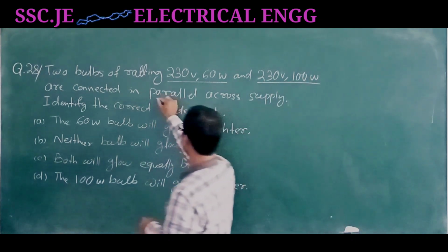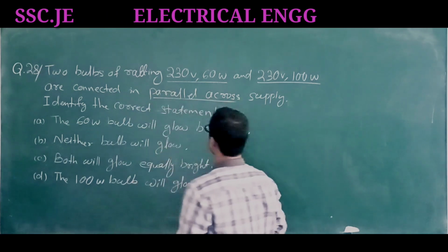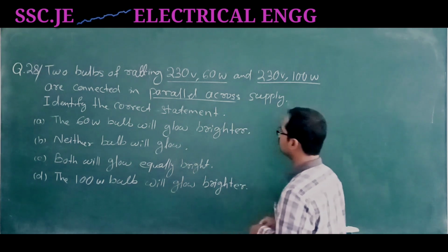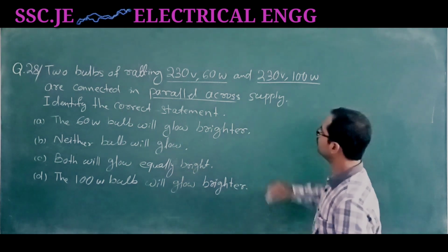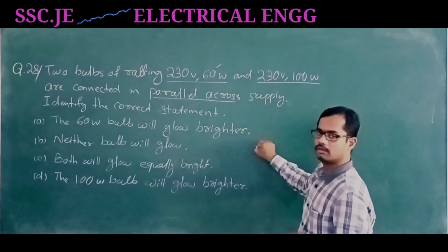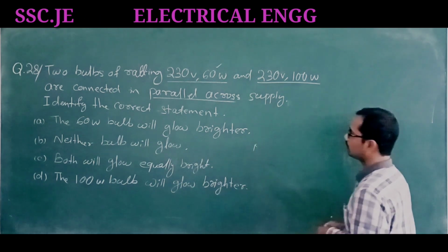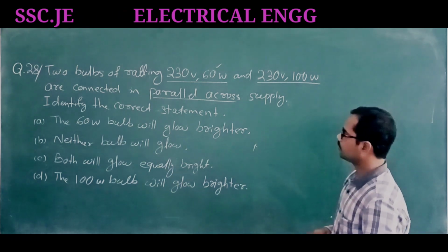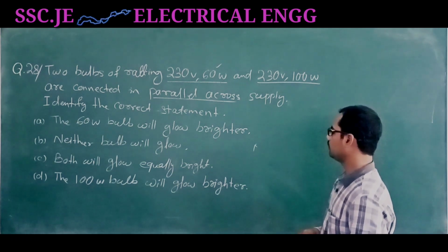The options are: the 60 watt bulb will glow brighter, neither bulb will glow, both will glow equally, and the fourth one is the 100 watt bulb will glow brighter.